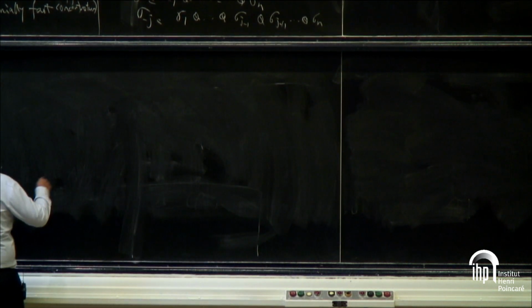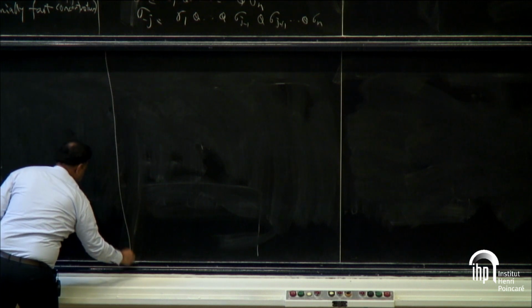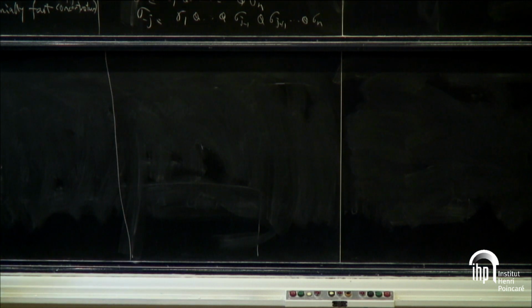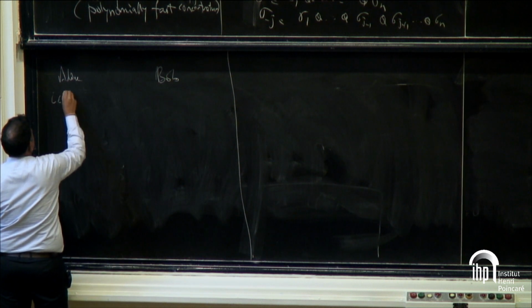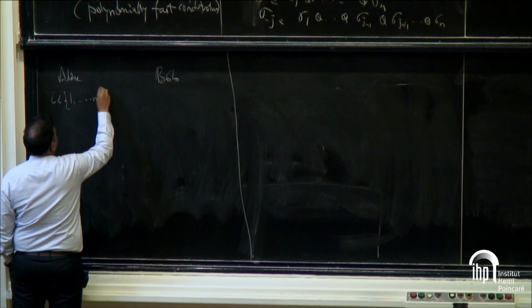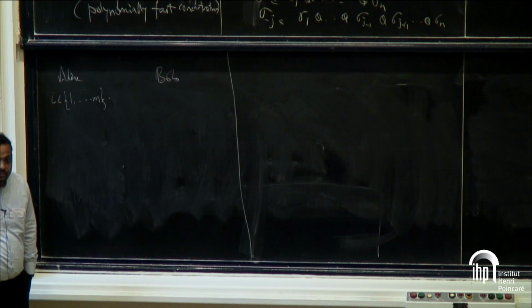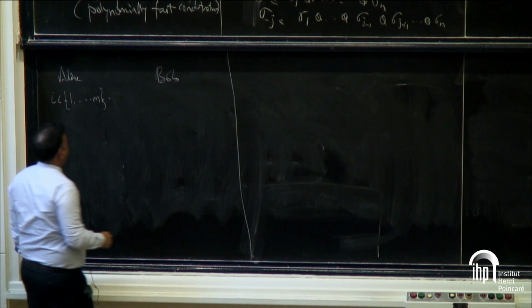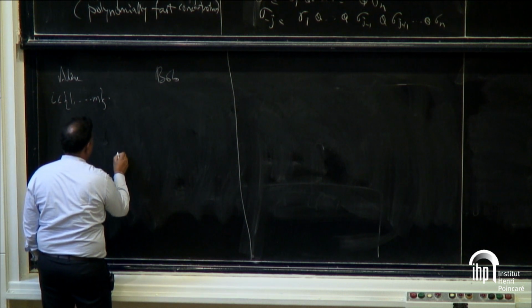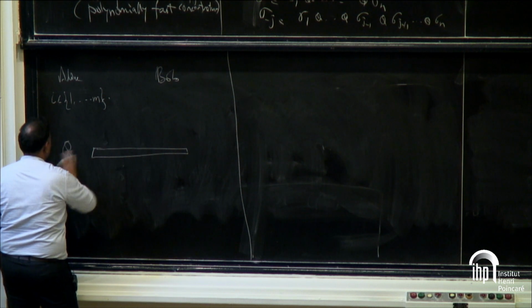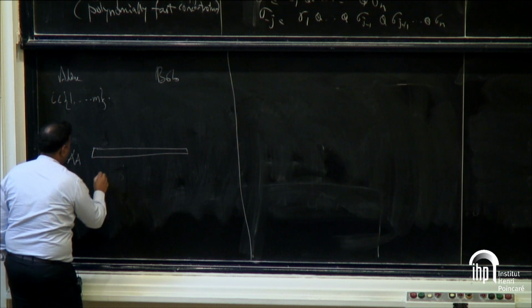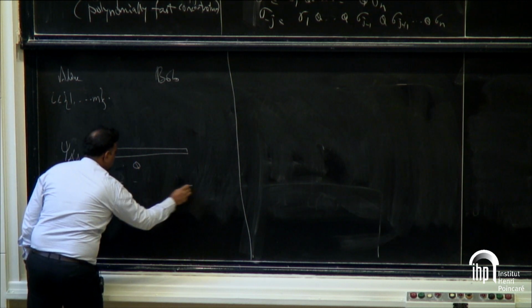Just a protocol for the point-to-point channel, which is as follows. So let's say we have Alice, okay, and Bob, and Alice has an index, right, say 1 to m, okay, and she wants to send that index to Bob, okay, and there's a channel in between that acts. So what Alice and Bob do is they share a state, let's say, pure state, psi A prime A, several copies of it, okay.